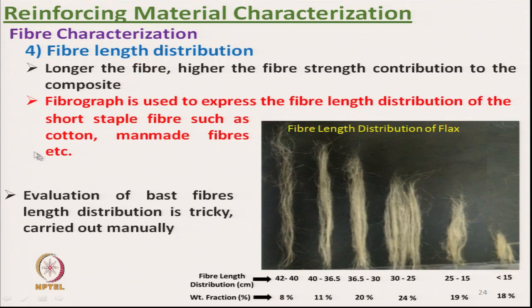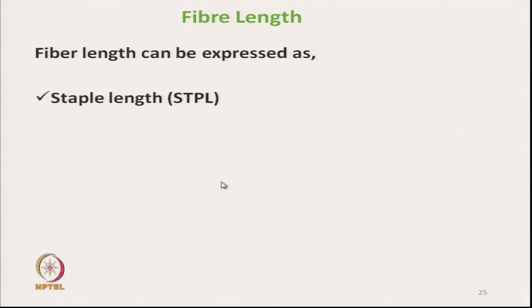In addition to cotton we can also use man made fibers, but as far as bast fibers like jute or flax are concerned, the length measurement is tricky. We have to carry out the length measurement purely manually, otherwise we cannot use the fibrograph or any mechanized technique.